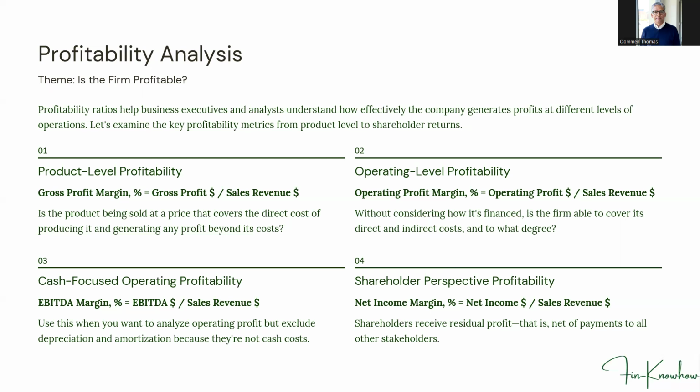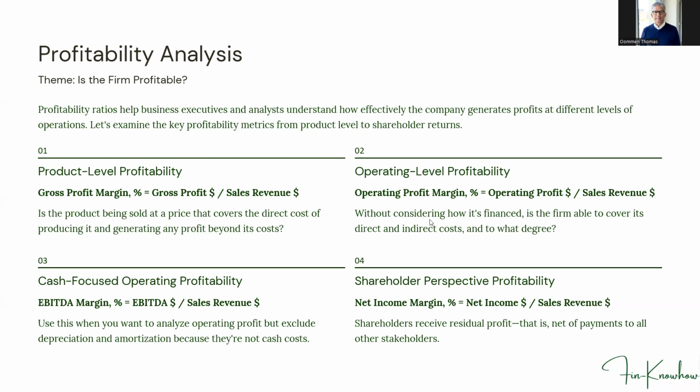However, in the case of net income, you're deducting direct, indirect, and financing costs. And as a result, shareholders are very interested in this measure because net income represents the profit that the shareholders can access, because it represents the measure of profit after all other stakeholders are paid off. So as a result, from a shareholder perspective, the net income margin is a more relevant measure.